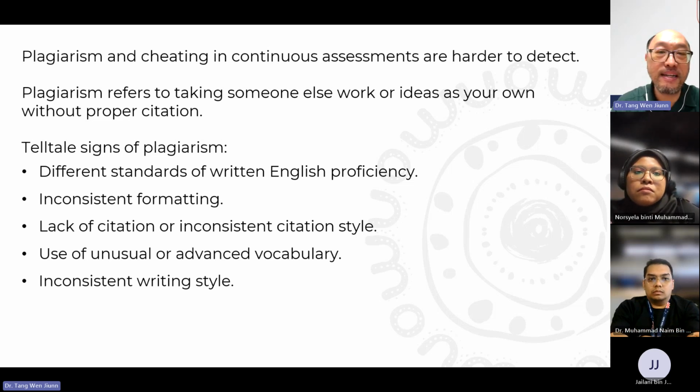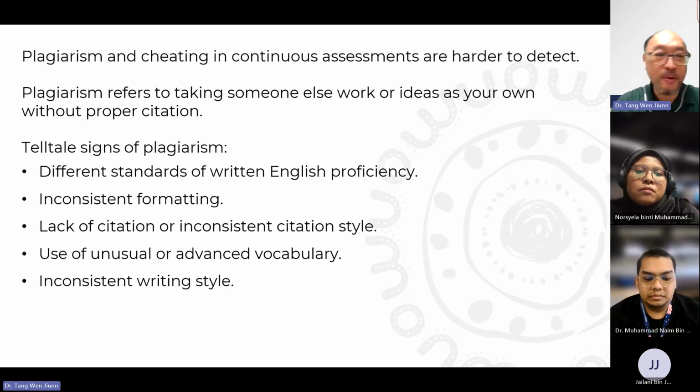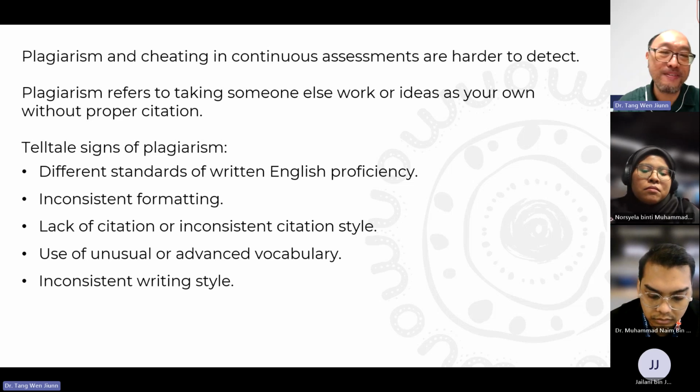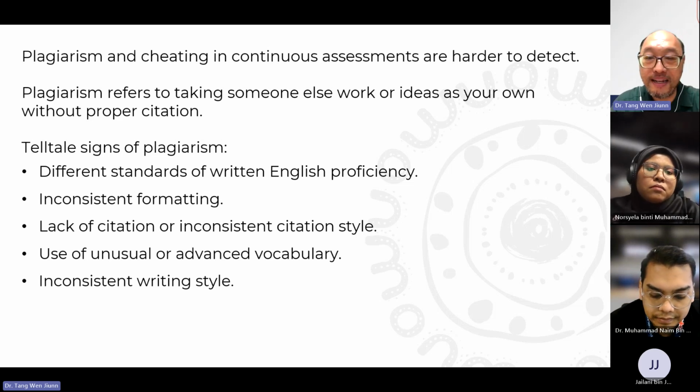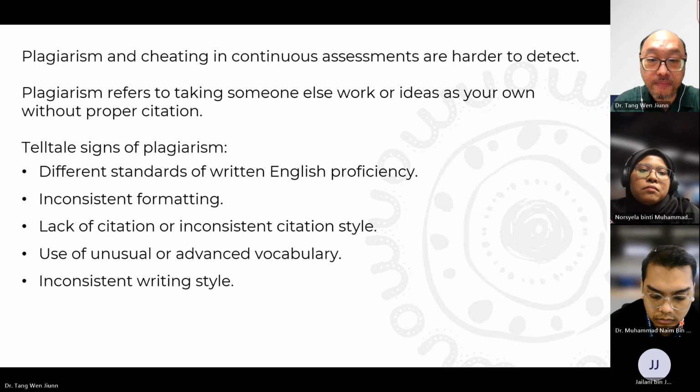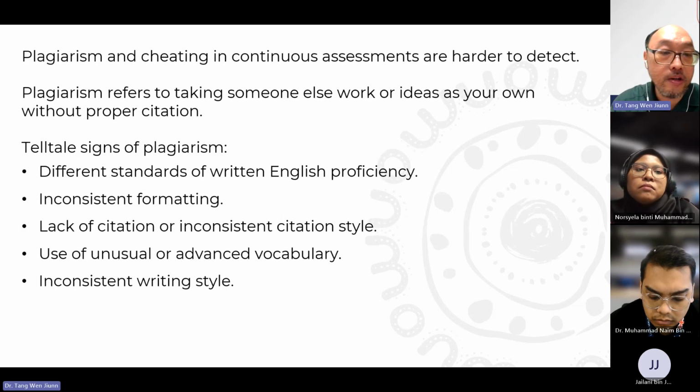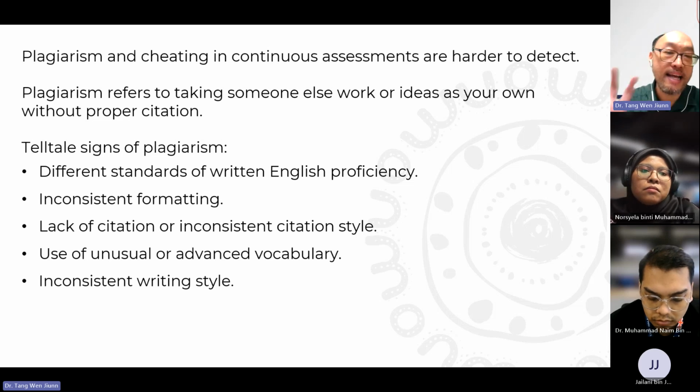They use an app to look for synonyms, then just copy and paste, and when you read the sentence, it sounds unusual. So that is also a sign. And lastly, inconsistent writing style. Basically these are some of the signs that will prompt us that this work might contain plagiarism or is not original work.